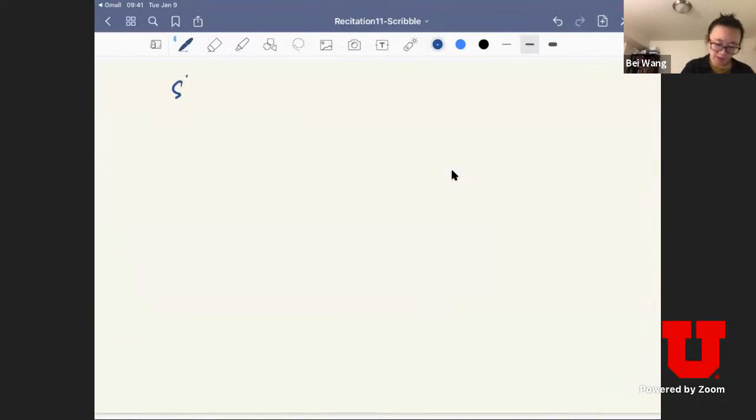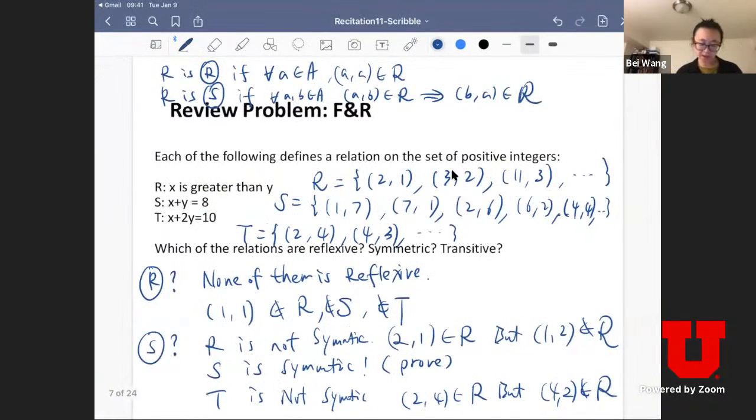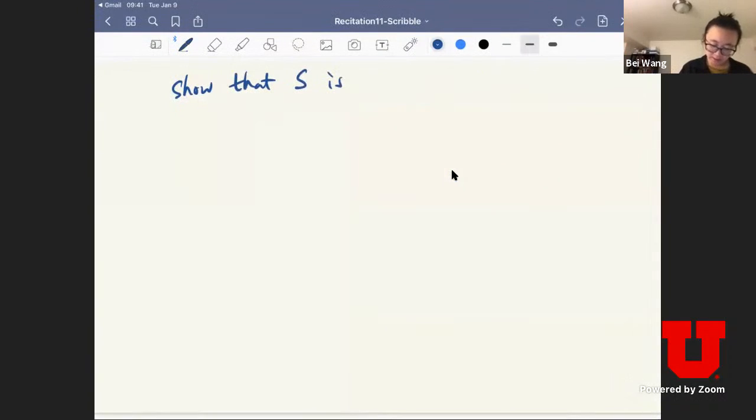Okay, so now we want to show that the relation S is symmetric. Remember, something is symmetric whenever a, b is in the relation, b, a is in the relation.